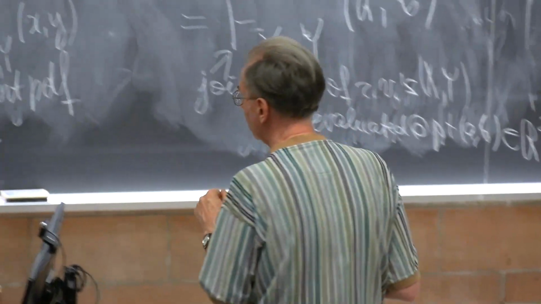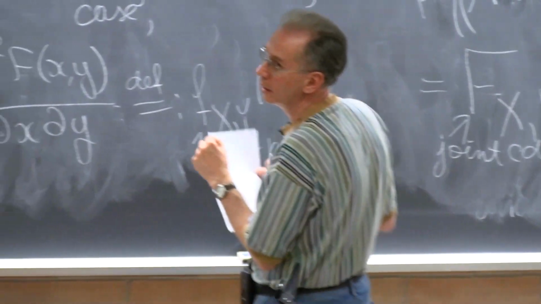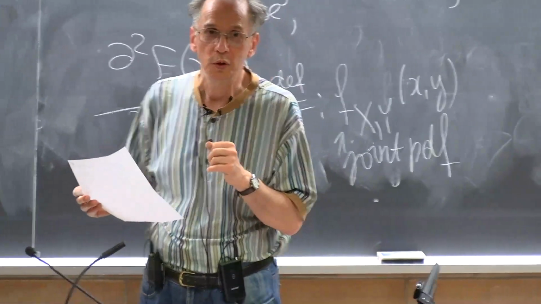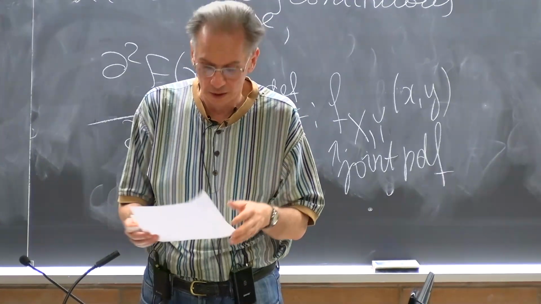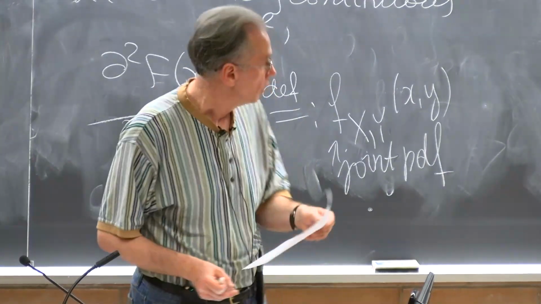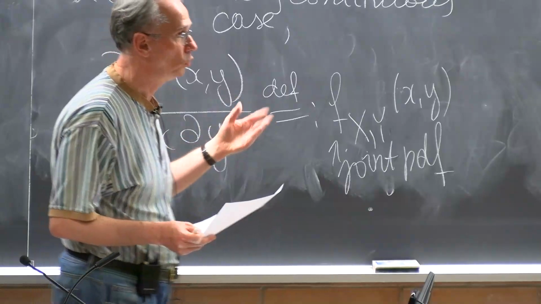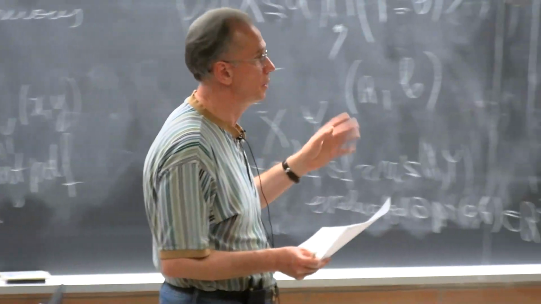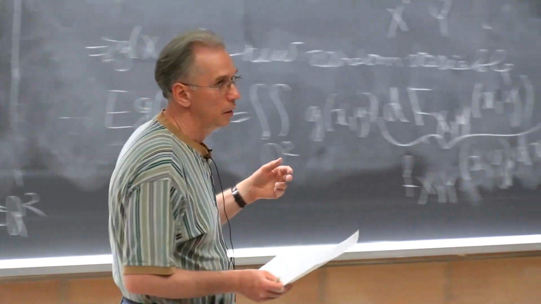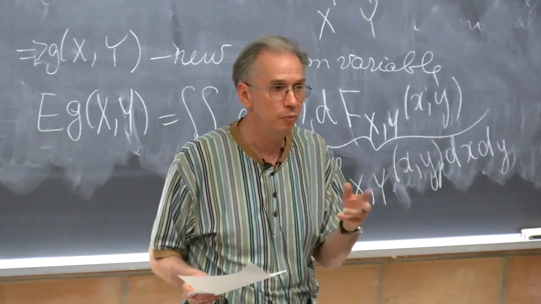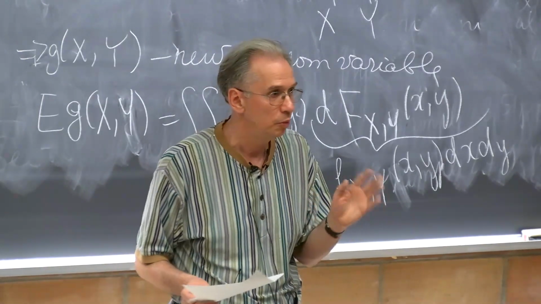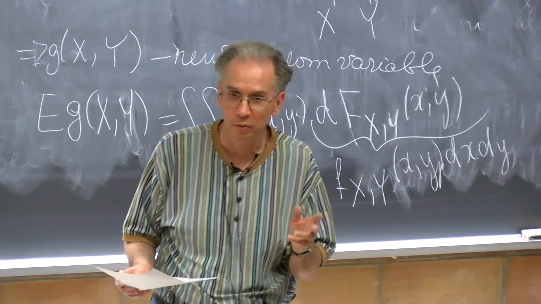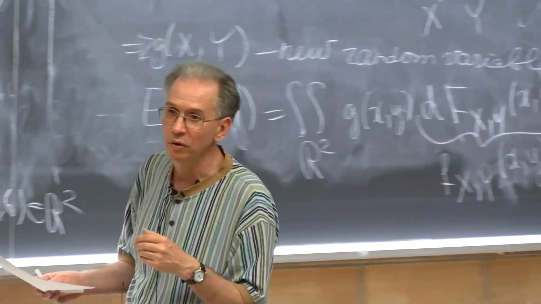So there is such a nice Clairaut theorem which doesn't always work, but in good cases it does work. So it's a nice shortcut, and of course you know that in the independent case the joint PDF can be factored into the product of marginal PDFs. Yeah? So it makes things even simpler.